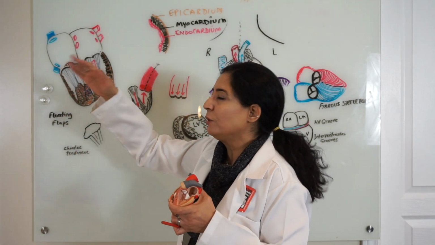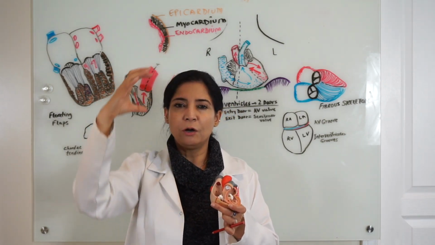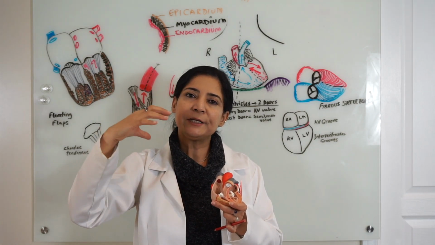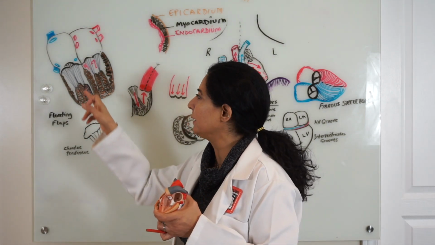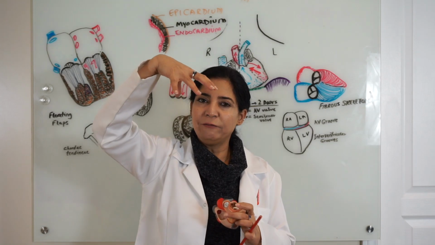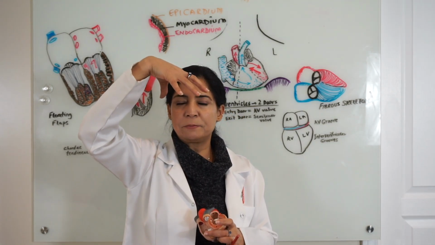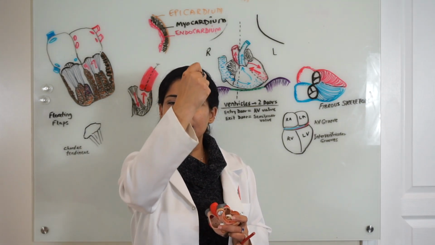Okay, so the convex ballooned up parts or flat surfaces of the tricuspid valve are facing the atrial cavity, right atrial cavity, and the lower surface, or the concave surface of all three cusps, are having cord-like structures.